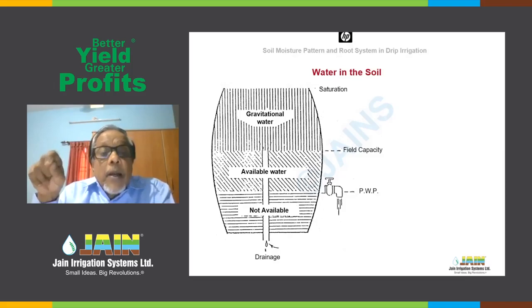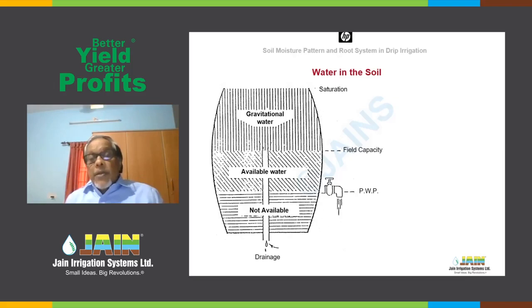We don't have to worry about the excess water. This is the principle of drip irrigation. Drip irrigation is a technology which enables us to apply only that amount of water which is available to the crop, without excessively bringing water to the ground, which goes by gravitational losses.